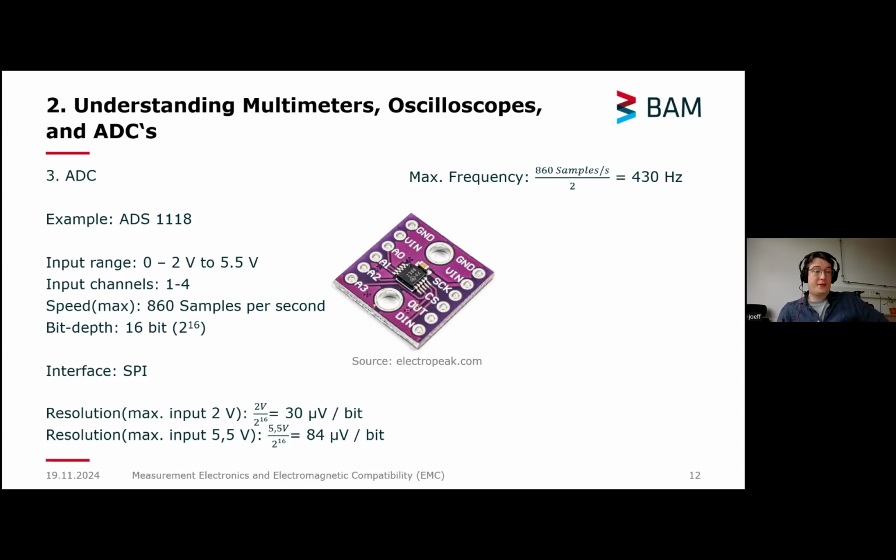The bit depth is a bit better than 12-bit. It has 16 bits. So you see on the bottom left the resolution of the smallest bit you can acquire with that analog digital converter.